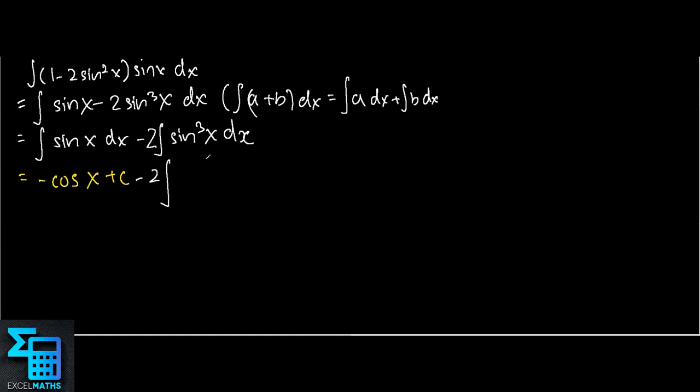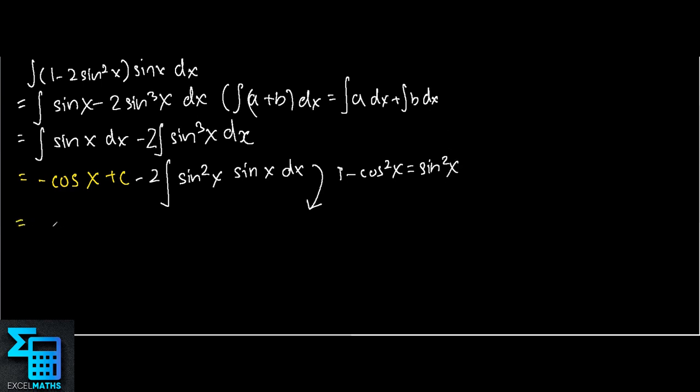All right. So for the second integral, we split this sine cube x out into sine square x sine x dx, and then we make use of the trigo identity property that 1 minus cosine square x is equal to sine square x.